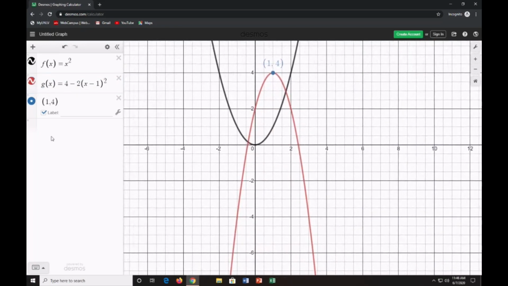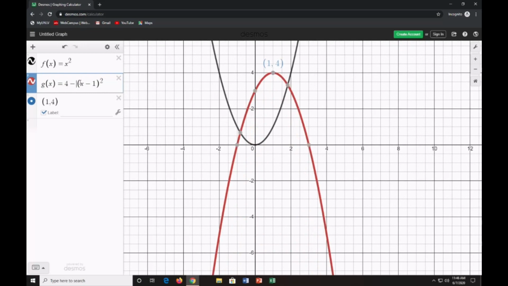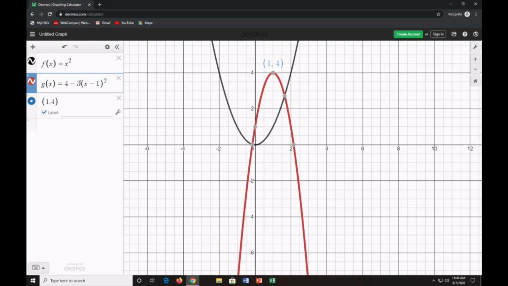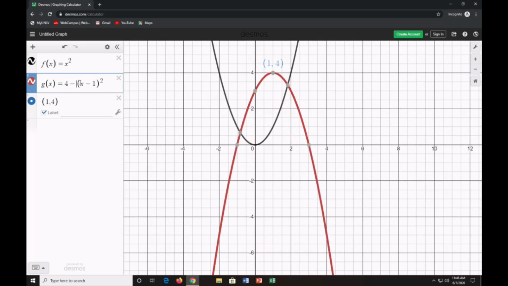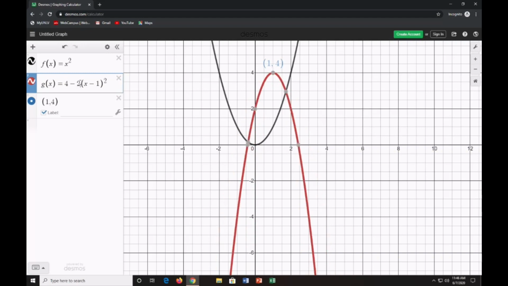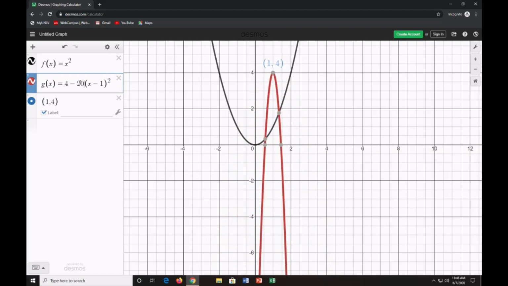So let me increase that. Let me increase it to 3, which is what we have. See, it's even narrower. Let me increase it to 20, and you'll see how sharp that curve will get, like that. Right? 30. Let's increase it. Look at that. Okay?